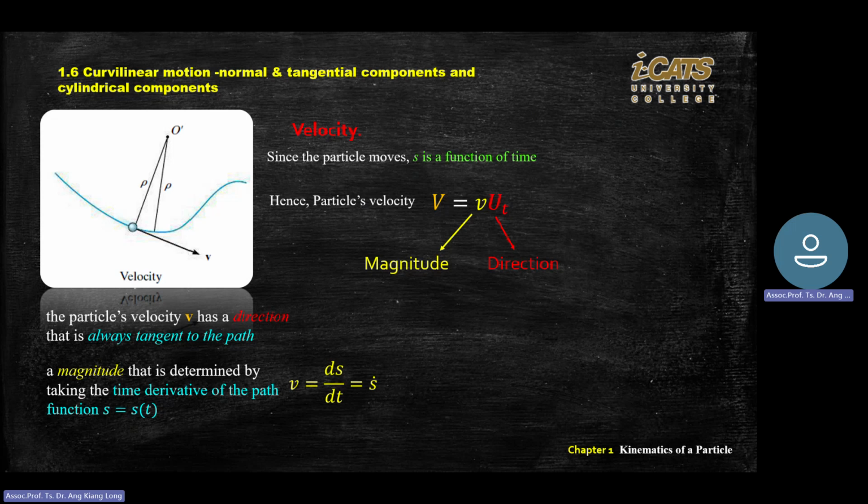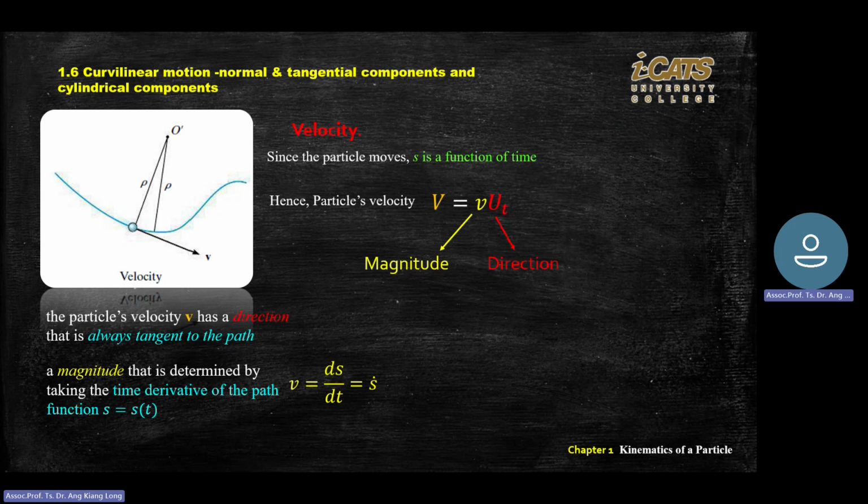So the yellow color is the magnitude that you are familiar with, but what is new for you is the direction defined in the tangent direction, and we label it as UT. You can see it like i, but i is for the global axis, while this one is for the object. UT is just a direction, a unit of direction.